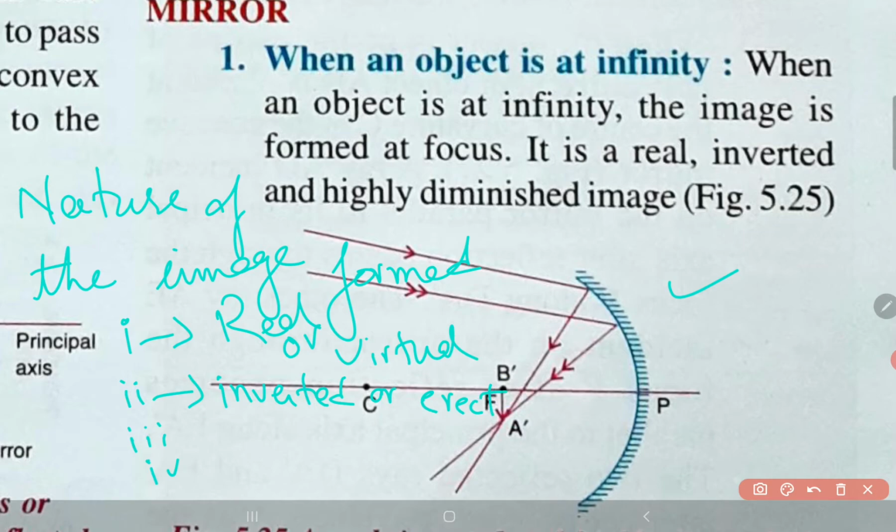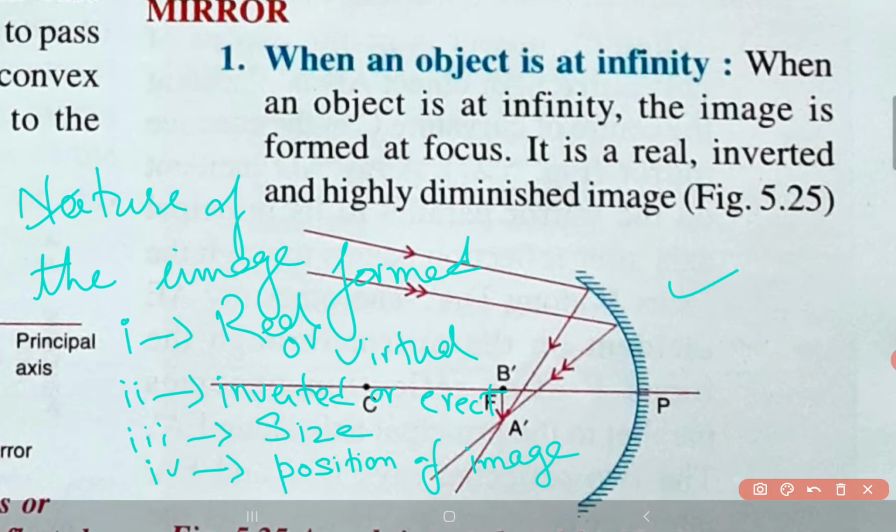Number 3, we also need to know its size, and number 4, we need to know the position of the image. We need to know these 4 things after drawing the diagram, and together these 4 things are known as the nature of the image formed. So with this background knowledge we can start with the diagram.